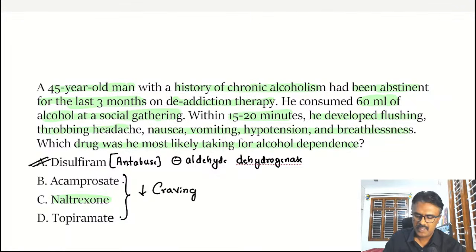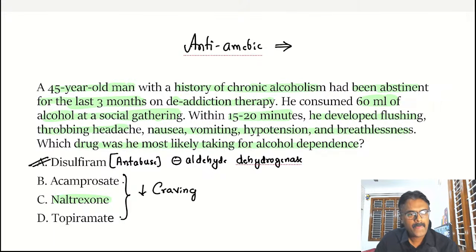But tell me, which anti-amoebic drug can lead to a disulfiram-like reaction? Yes, you know the name.